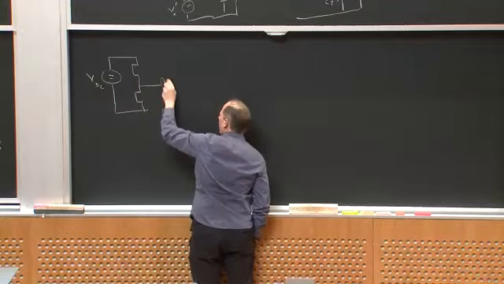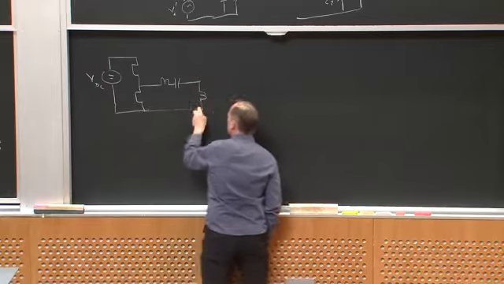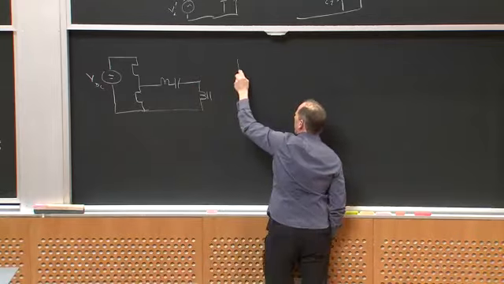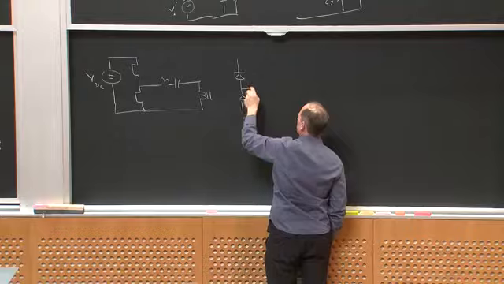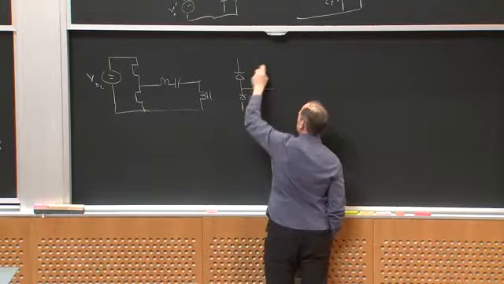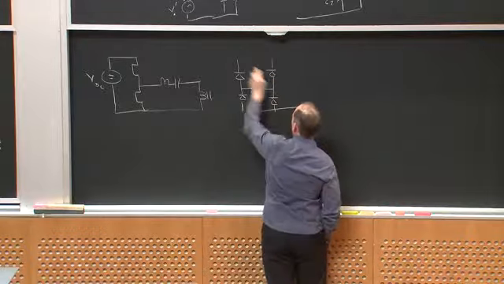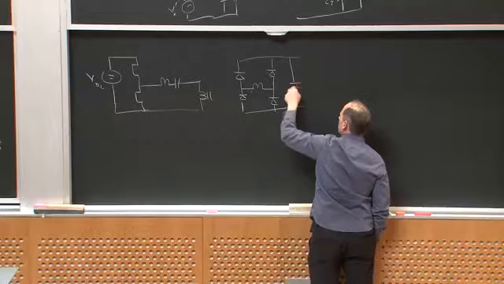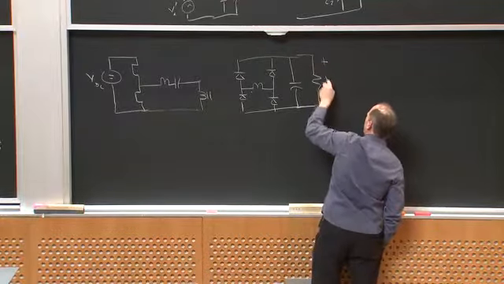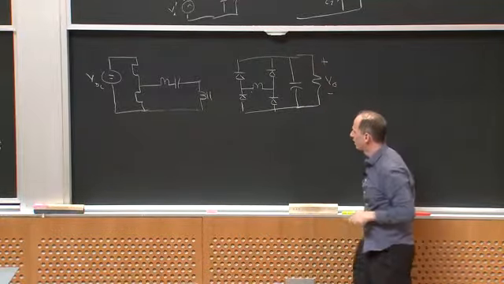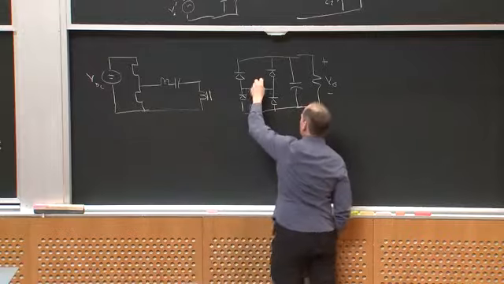You know, I have L, C, and then what I'll do is maybe I'll just put a transformer here, and then on the other side of this transformer, I'll put a rectifier, in this case a full bridge rectifier, and make that V out. Okay? And this is transformer, and this is transformer.